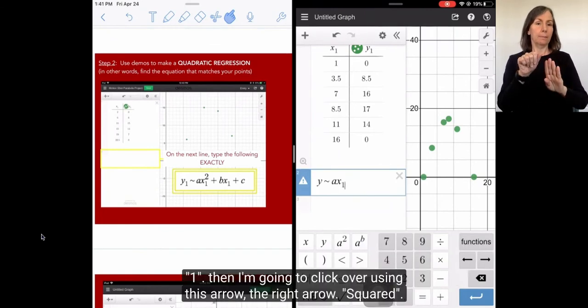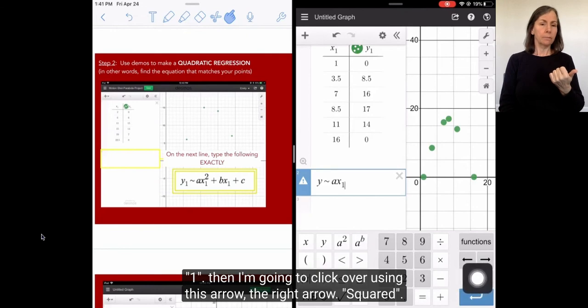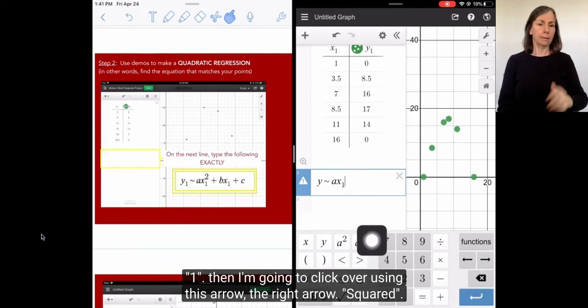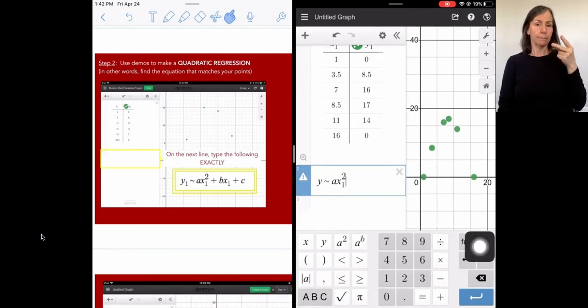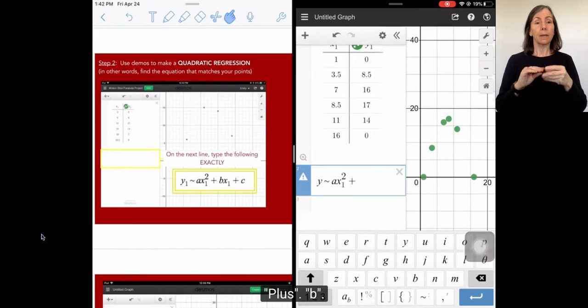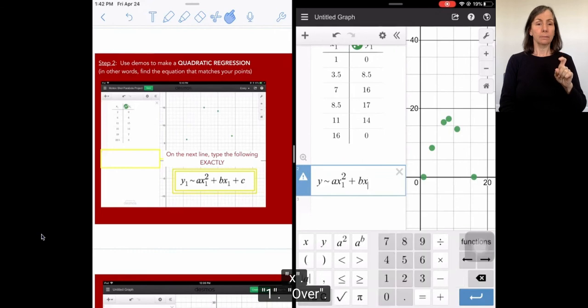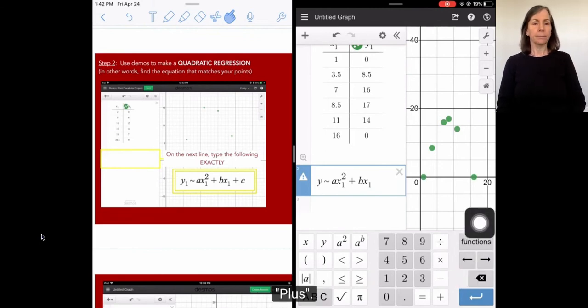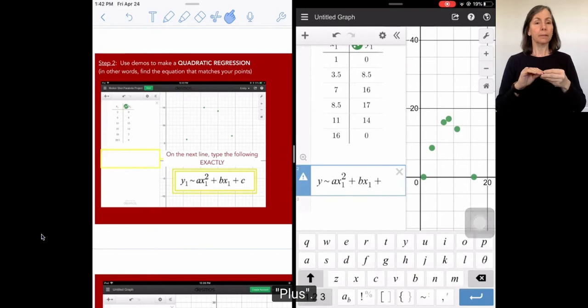One. Then I'm going to click over using this right arrow, squared, plus b x 1 over plus c.